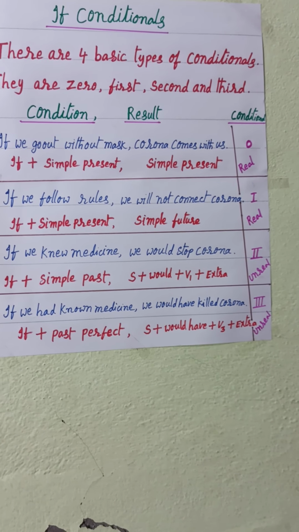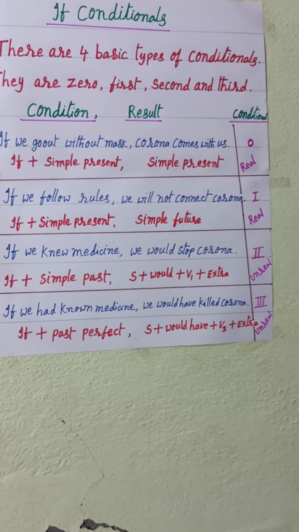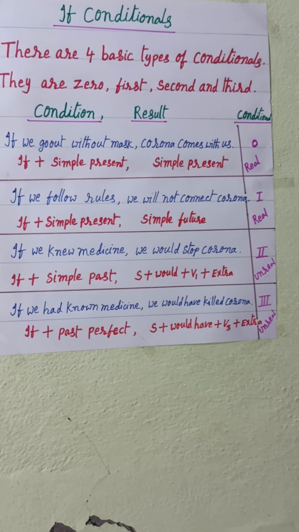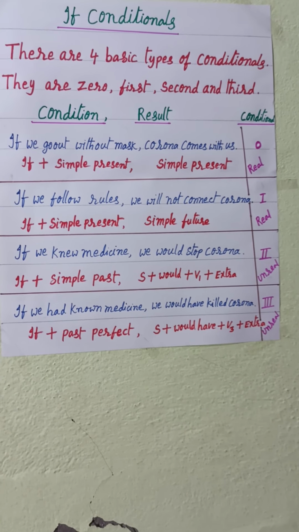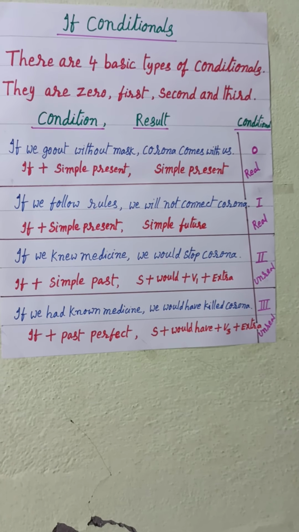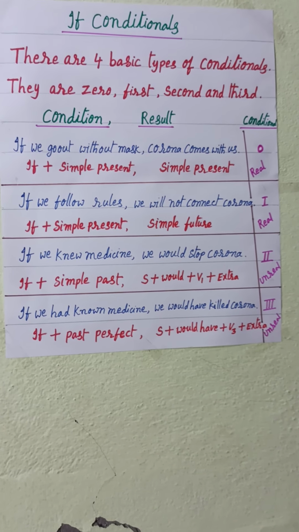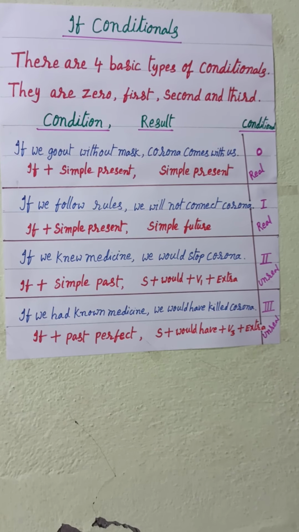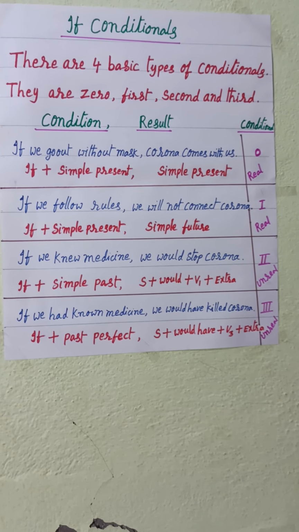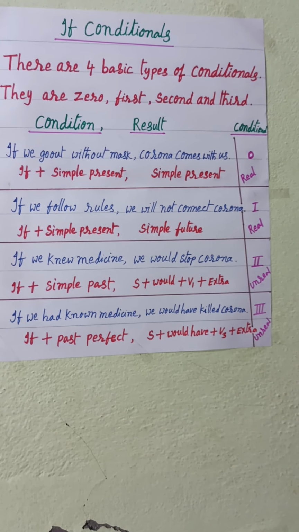If we go out without mask, comma, it is condition. Result is Corona comes with us. Complete sentence is: if we go out without mask, comma, Corona comes with us.